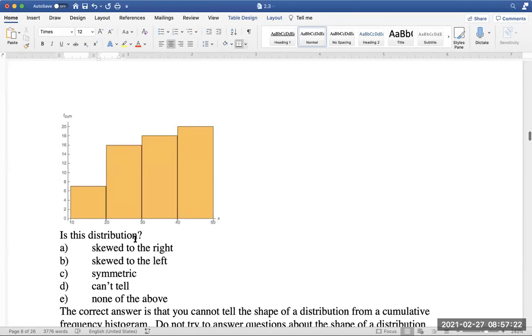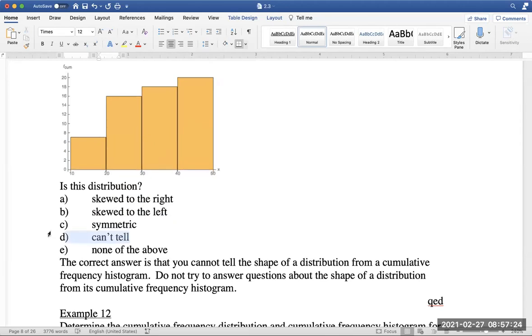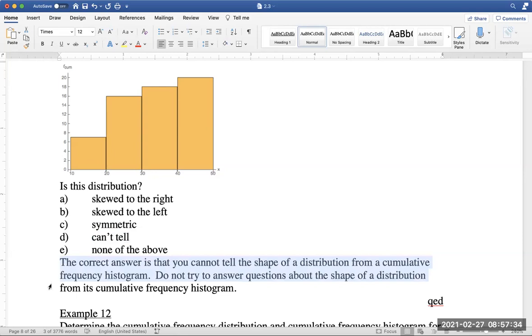So what is the actual answer? Can't tell. It is a trick question. I should not have asked this question. The correct answer is you cannot tell the shape of a distribution purely from the cumulative frequency histogram. In order to do this, you'd have to reconstruct the actual data by taking differences to get the original distribution, and then look at a histogram from that original distribution.